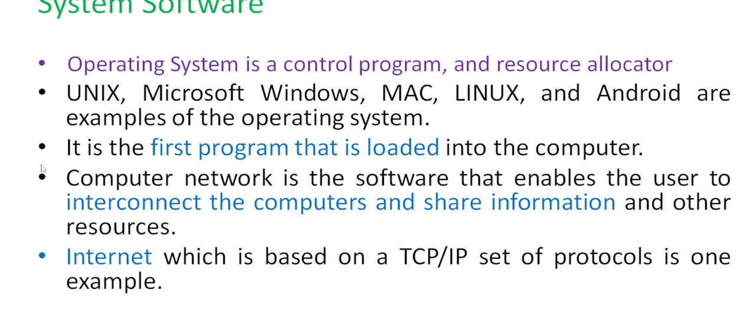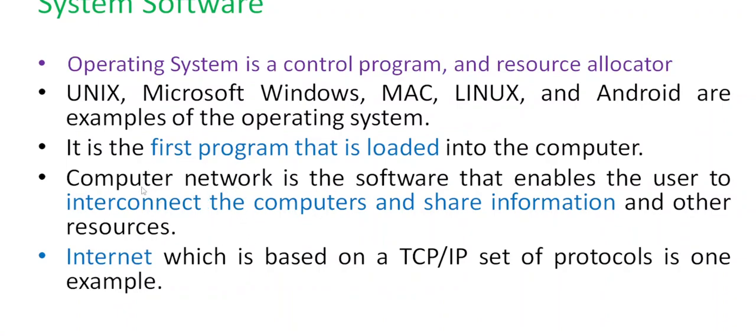The next kind of system software is computer network. A computer network is one which allows you to connect to other computers, and you can share the information after connecting. Of course, you can also share resources like CPU, memory, etc. But in general, computers are interconnected so that you can share the information. Internet is an example of a computer network.